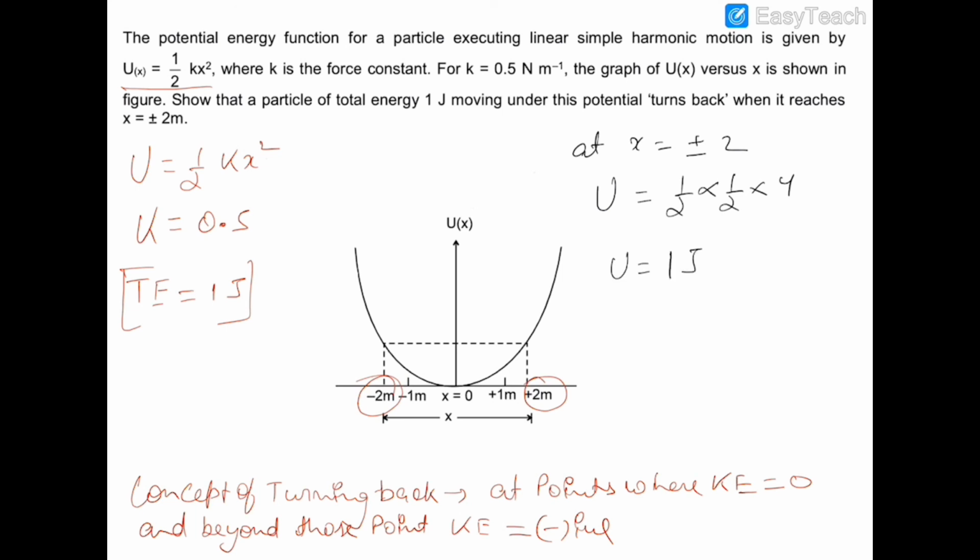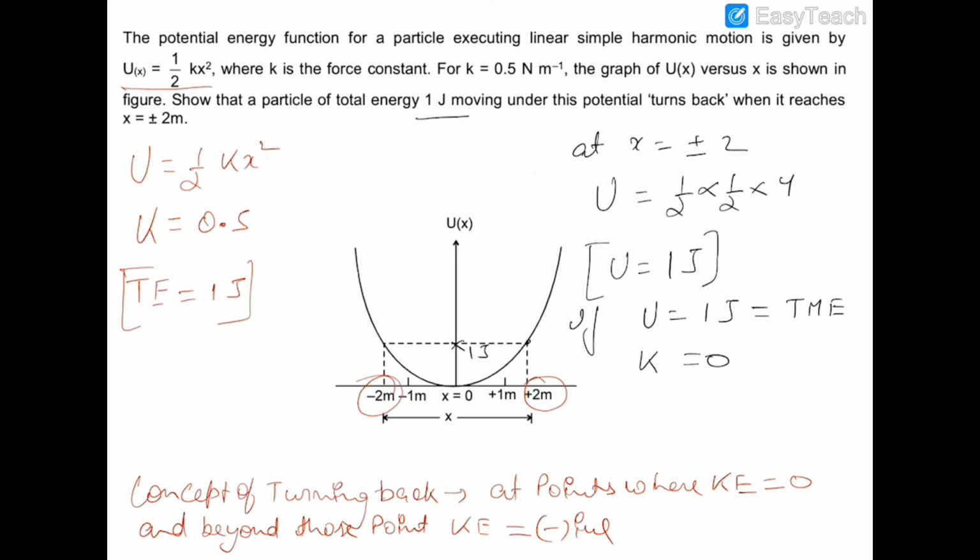and the potential energy is 1 joule. Now if the potential energy is 1 joule and it is also equal to the total mechanical energy, then the kinetic energy should be 0 at those points, and beyond this point the potential energy is 1 joule and the total mechanical energy is also given to be 1 joule.